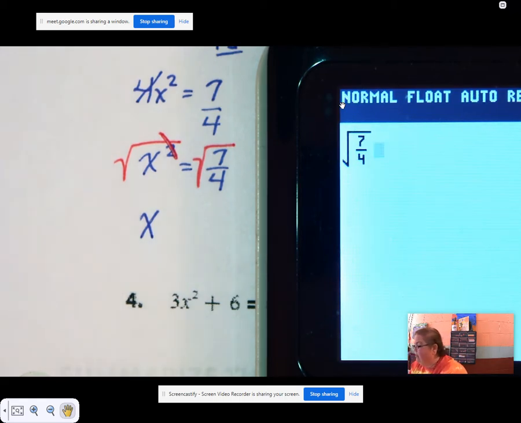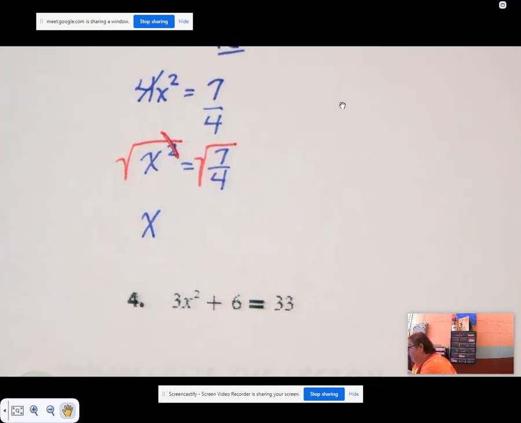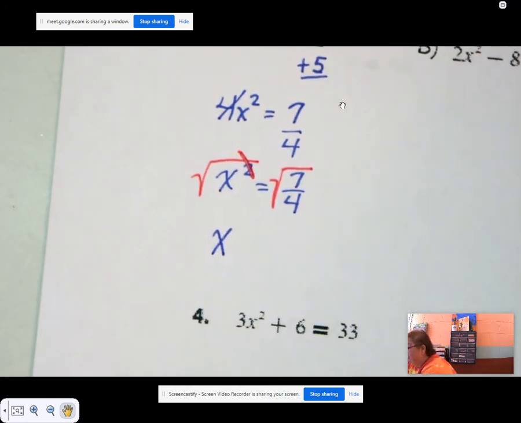And when I push enter, I've got a big old long decimal. Remember, when you have a decimal and I only want two places, if there are more than two places, we always round. Always. Don't ever ask. You have to do it. That's just naturally what we do. So I need two decimal places. So I've got 1.32.